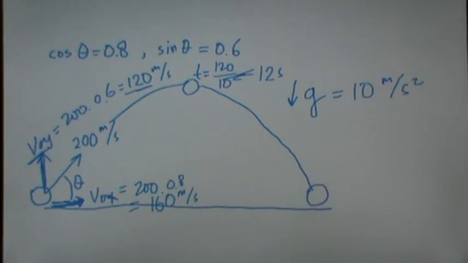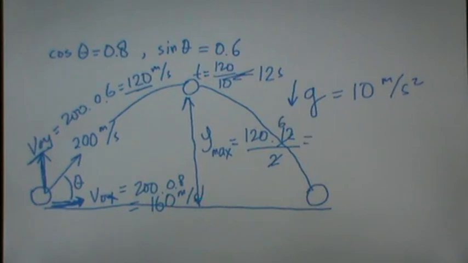Now the highest point we have, it's called y max, and that will be 120 times 12 divided by 2, so you get 720 meters.